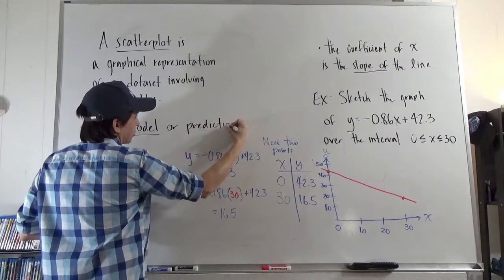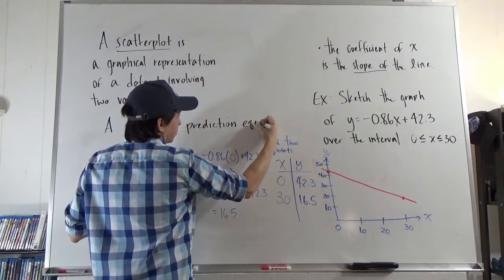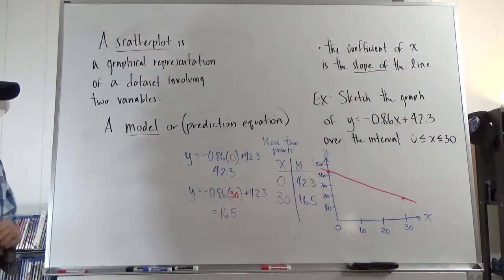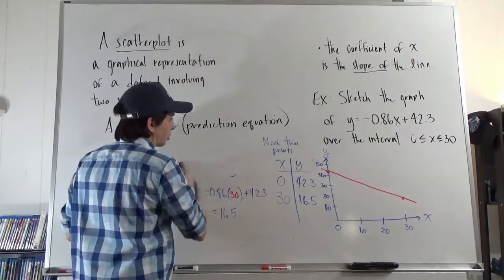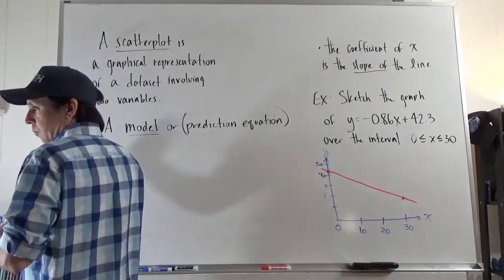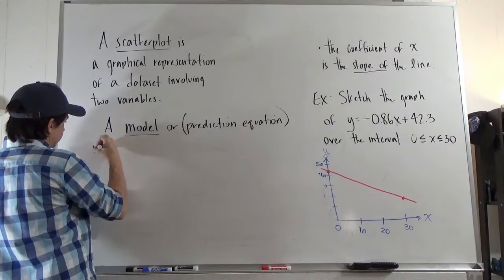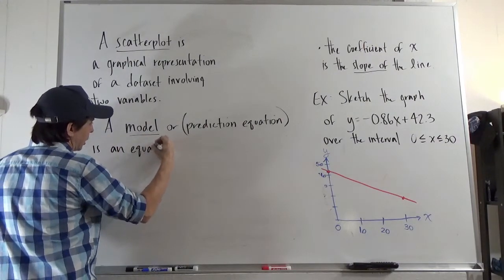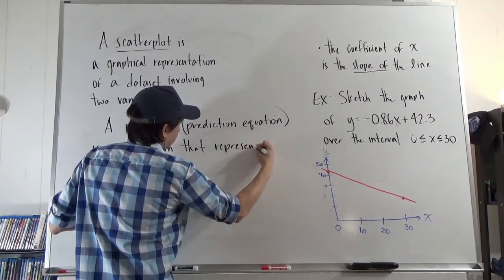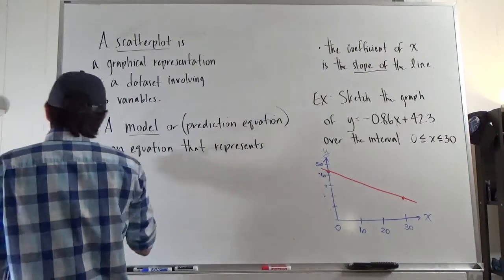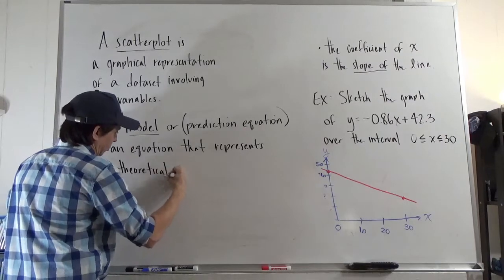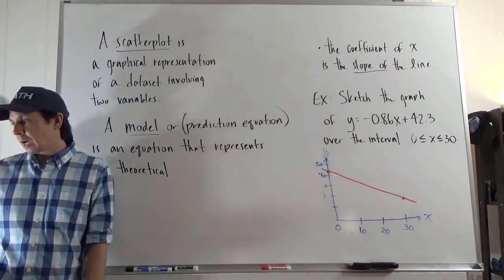An informal, I guess it's not, the book also refers to it as a prediction equation. That's a very rare phrase to hear. A model is very common, so I'm going to stick with model. A model is an equation that represents the theoretical relationship, so a model is capturing a theory on how two variables are related.